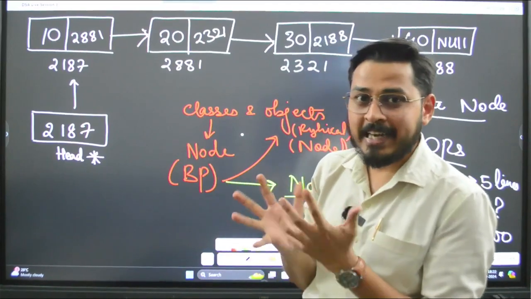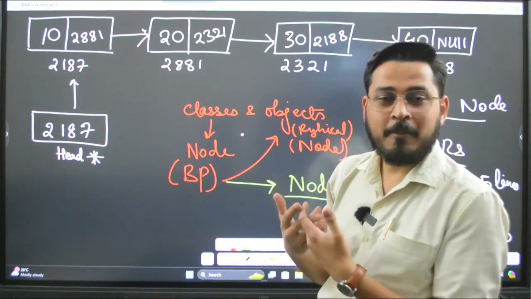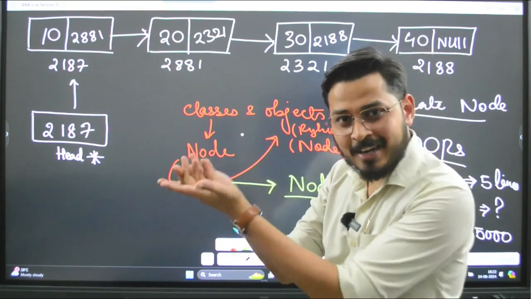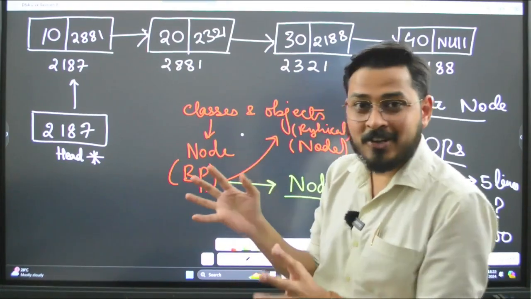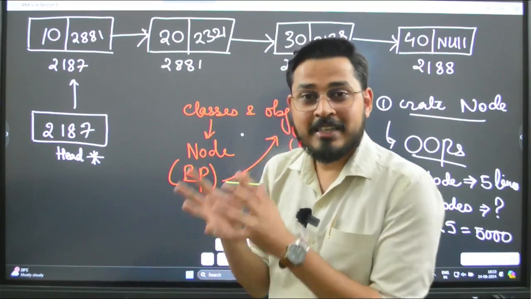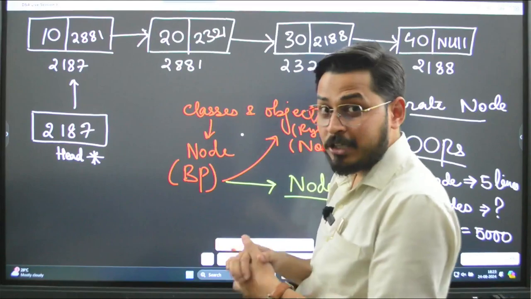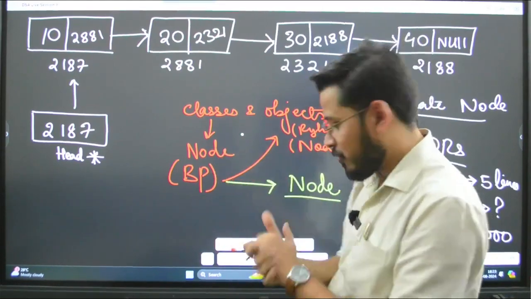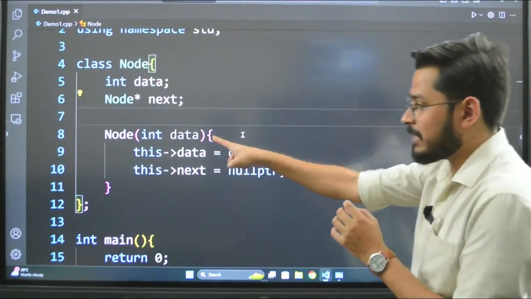Nobody knows the address of the next upcoming node. Physically right now we have not created or executed the program that would tell us the address of the next node. The next node doesn't even exist initially, so I cannot predict this address. That is why I have not written that in the constructor parameter.